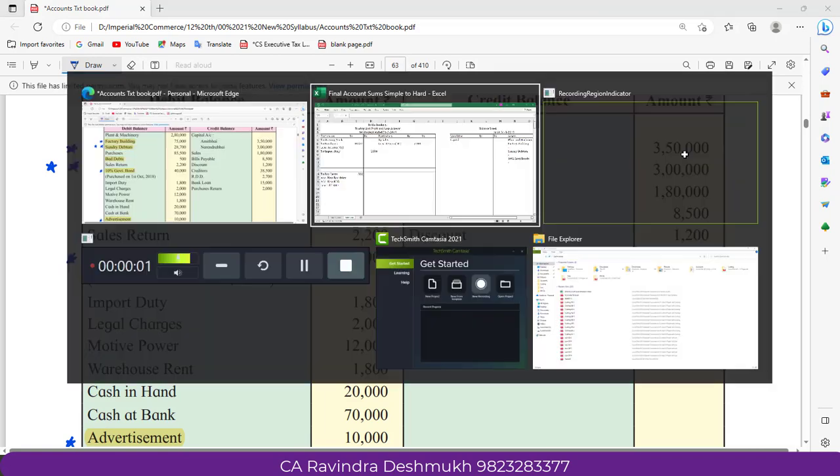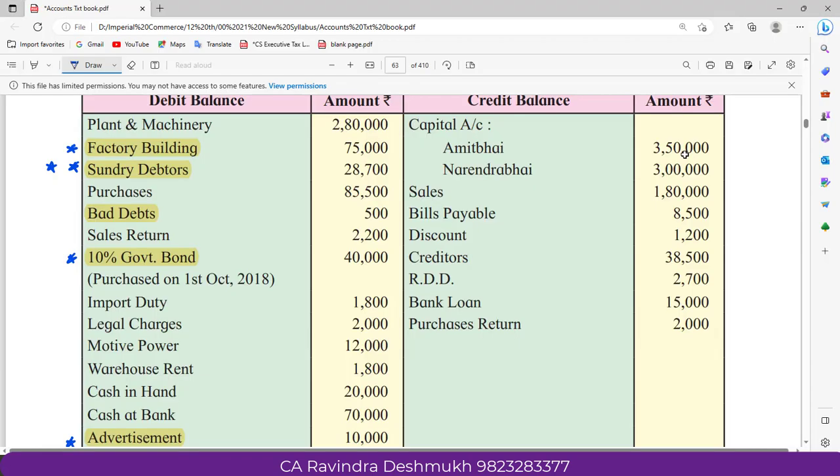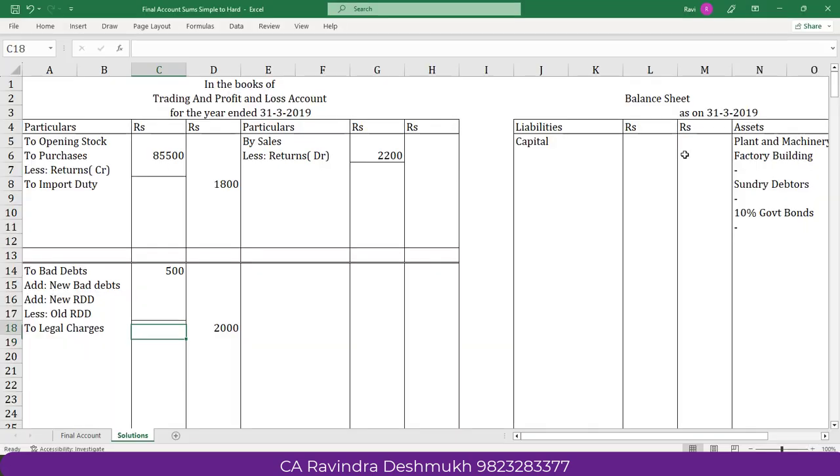Next one is legal charges 2,000. Next one, motive power 12,000. Trading debit, motive power 12,000.